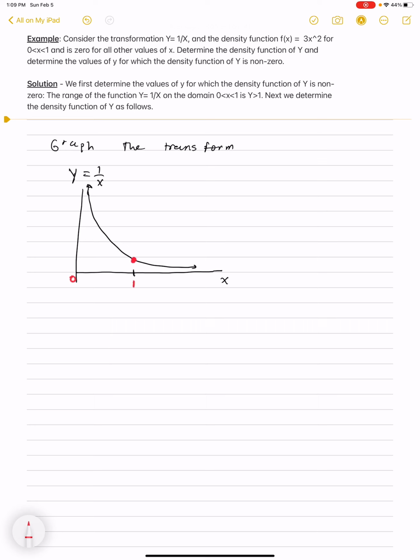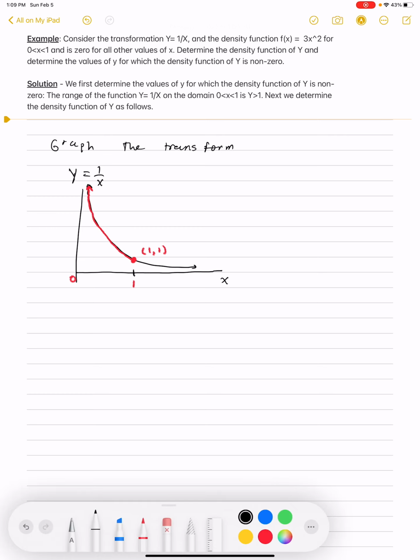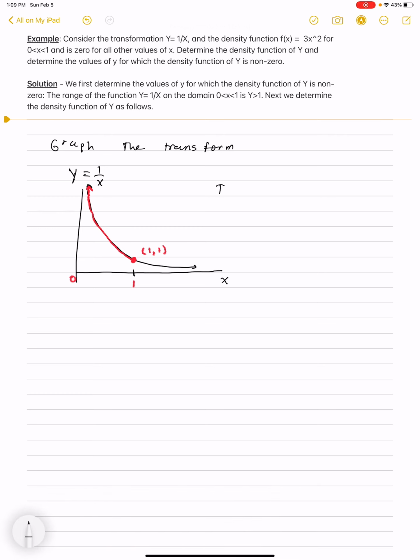What are the y values? The y values are going to be 1, 1. Then this, it limits to infinity on the y-axis. So the range of y values, so the transform applies on y is bigger than 1, less than infinity.